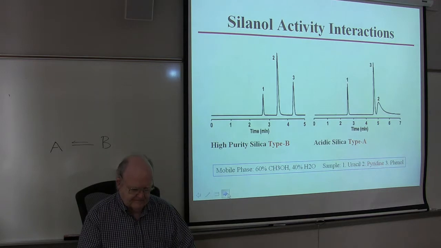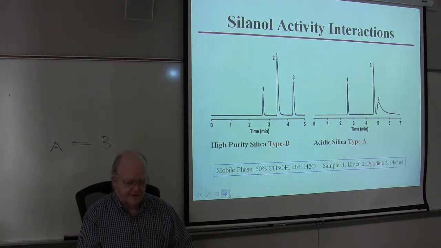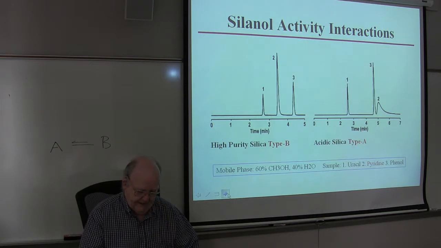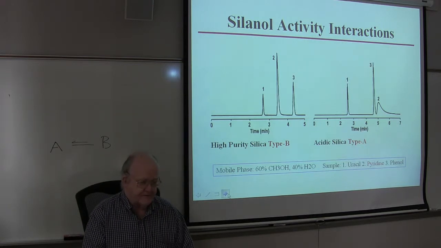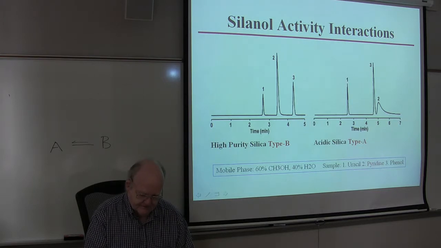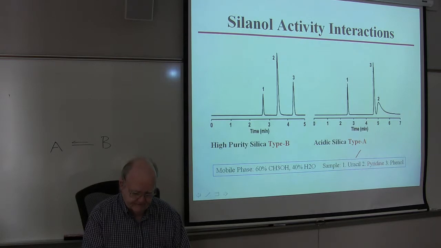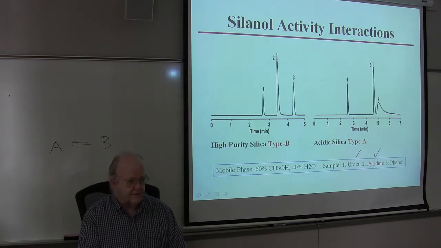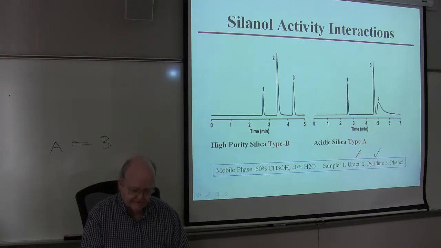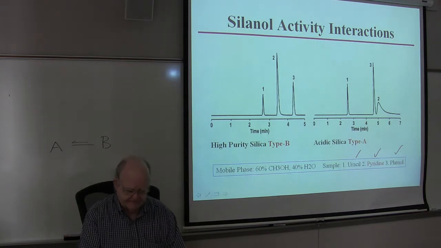Example, this is a slide from a commercial producer of stationary phases. And they're touting their particular stationary phase with this mixture of uracil, which is a neutral compound, pyridine, which is protonated below pH 6 and is positively charged, and phenol, which is also a neutral compound at pHs below about 10.